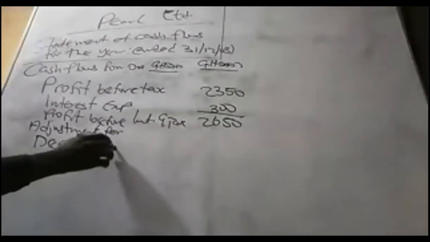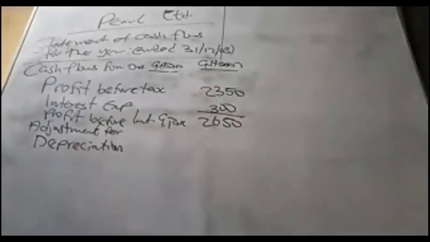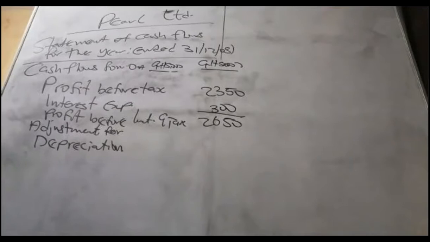Record that one on the first currency. So depreciation here, let's see. They've not given it to us, so we have to find it by ourselves. Wow. So if depreciation is not given, how do you get a depreciation charge for the year?